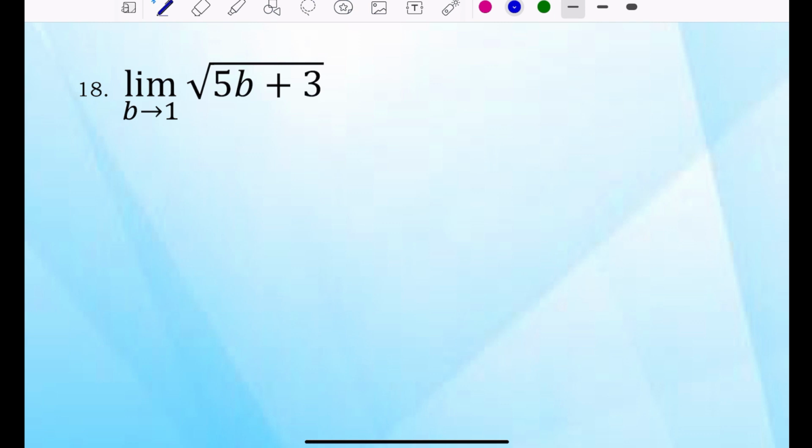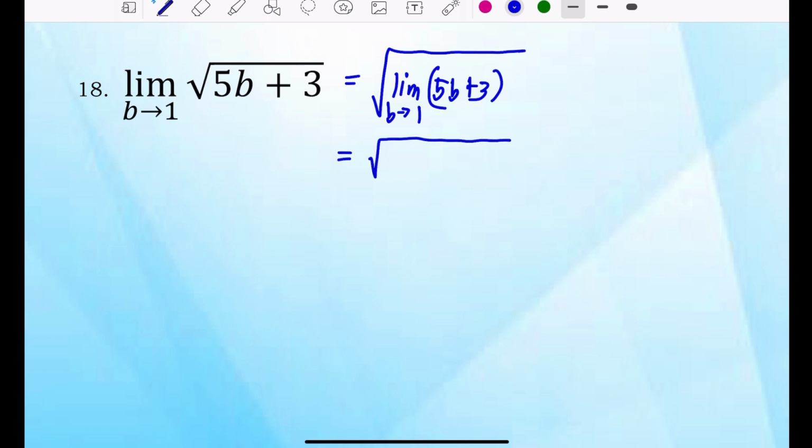The limit of the square root of 5b plus 3 where b approaches 1 is equal to the square root of the limit of 5b plus 3 where b approaches 1. Then apply now the limit of a sum. The limit of 5b where b approaches 1 plus the limit of 3 where b approaches 1.